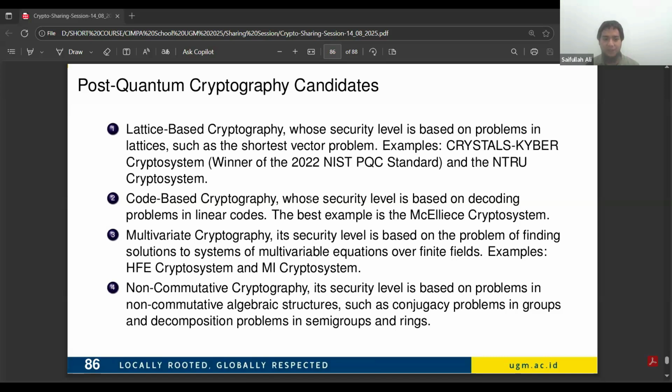Maybe you can also share the slides, so the participants can learn from them and try the exercise by themselves. Okay, thank you, Adi.